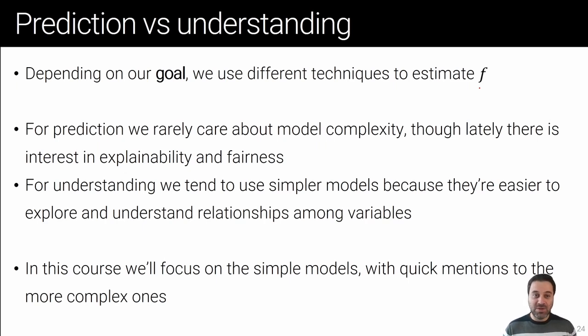And when we talk about understanding, then we tend to use a simpler model because it's easier to understand, it's easier to explore, to take a look at, see what the relationship among the variables is. Now, in this course, we're going to pay more attention to the simple models because we have a stronger emphasis on understanding, on designing a study to properly understand some object of study. And so we're going to have quick mentions of more complex models or classes of models, families of models, but we're going to focus on the simple ones because they're going to allow us to better understand reality.